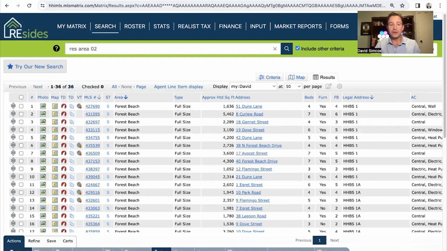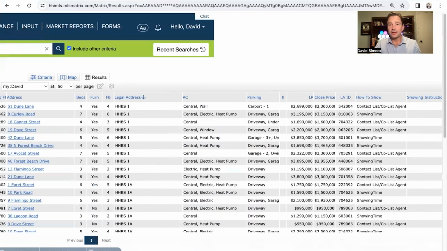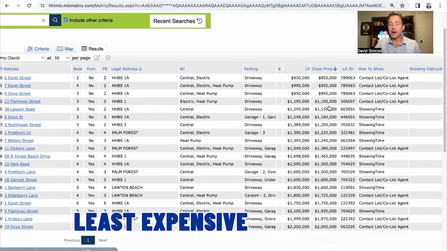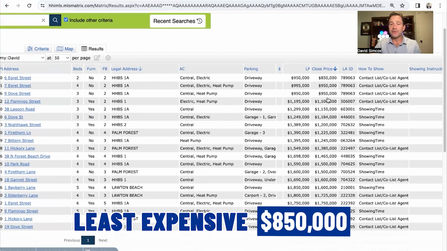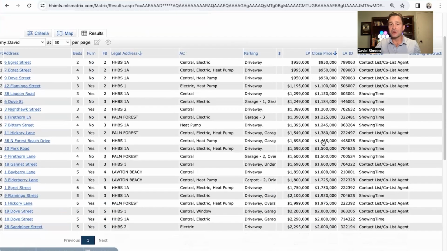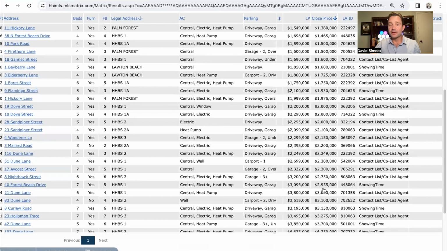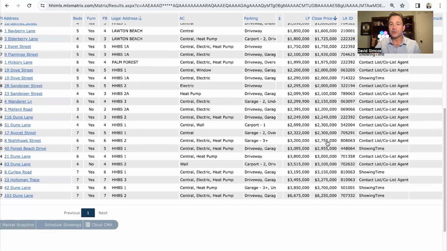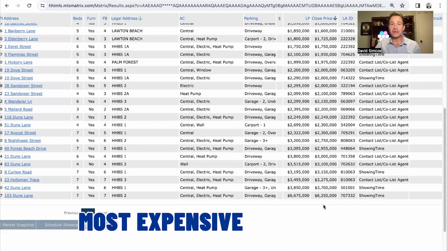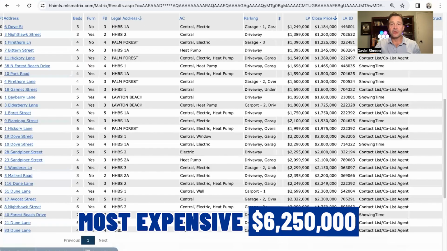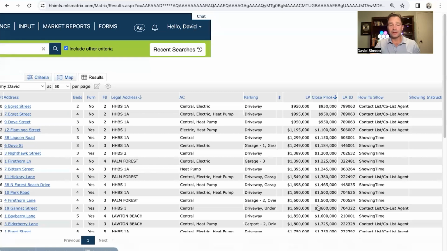And the least expensive property in Forest Beach was $850,000. And then they very quickly jump up into the $1 million range, 1 to 2 million. There's quite a few in the 2 to 3 million, and then a handful in the $3 million plus range. It looks like the most expensive sale in Forest Beach was $6,250,000. So that is Forest Beach.